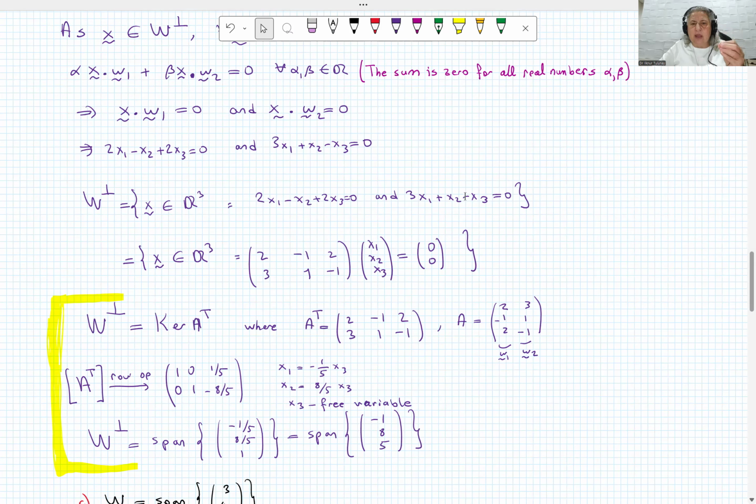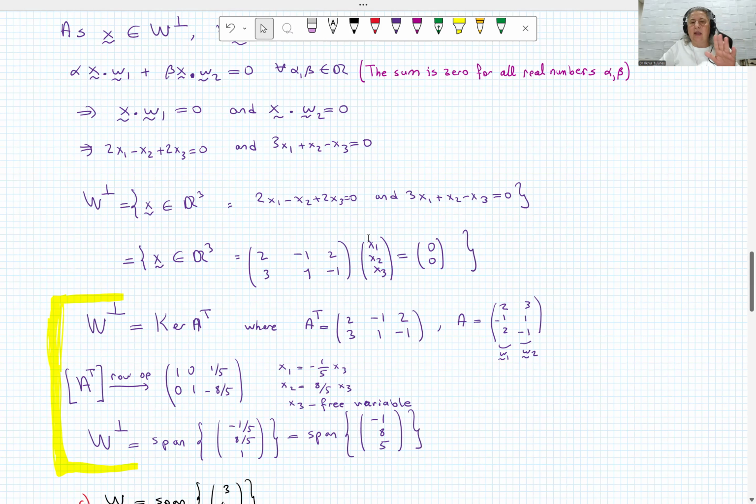So the coefficient matrix of these two equations has the rows (2, -1, 2) and (3, 1, -1). And x1, x2, x3 is the unknown vector, and then on the right-hand side is the vector b. Ax equals b is the general form of a linear system of equations.